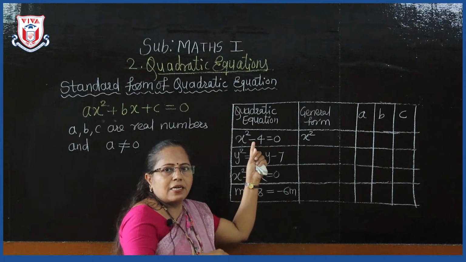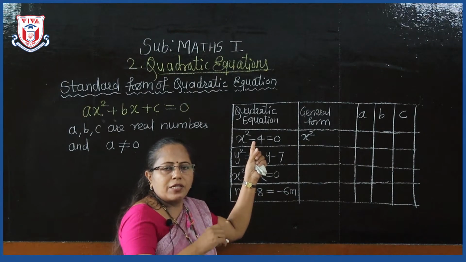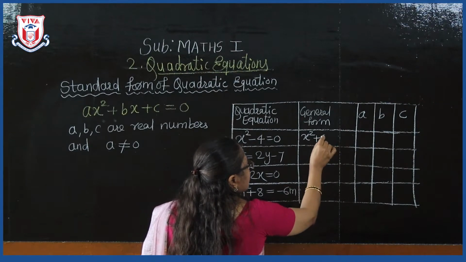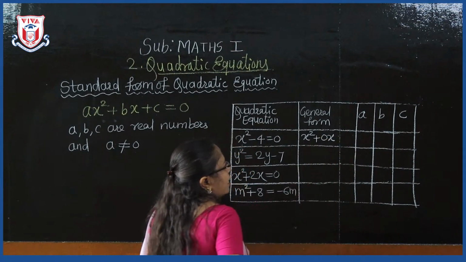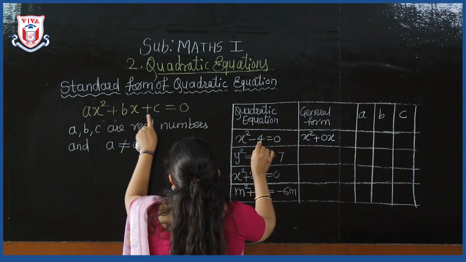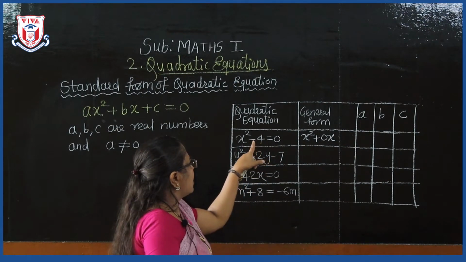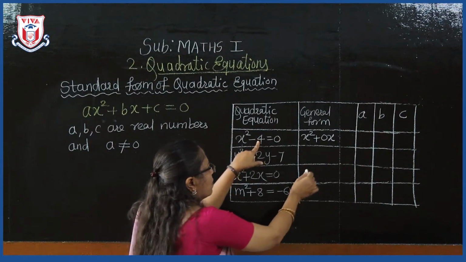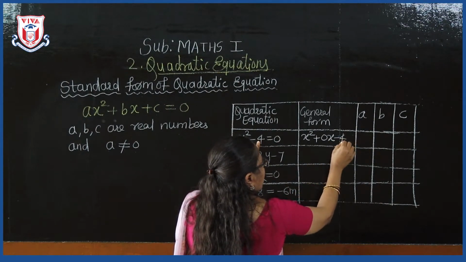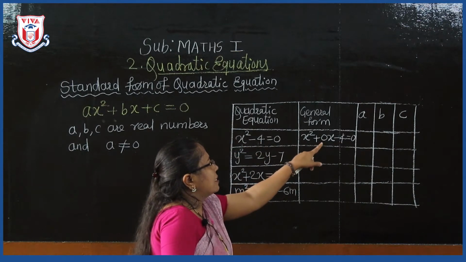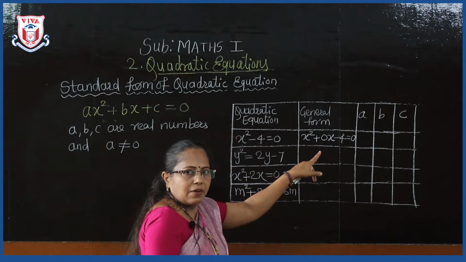No. So that term we have to take with coefficient 0. Means here we will write plus 0x. Then last term is c, which is constant number. So here c is minus 4. Minus 4 equal to 0. So this is the general form of this quadratic equation.